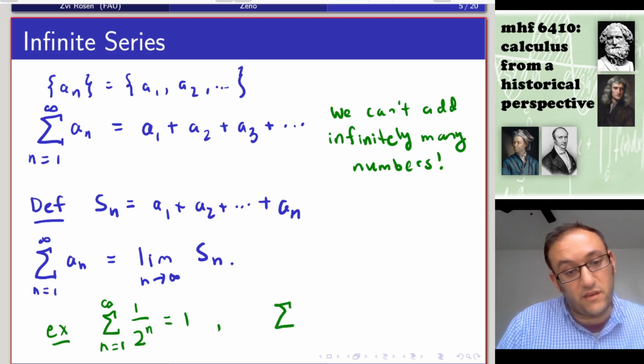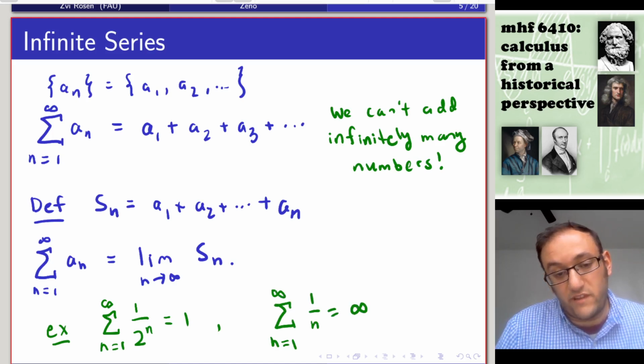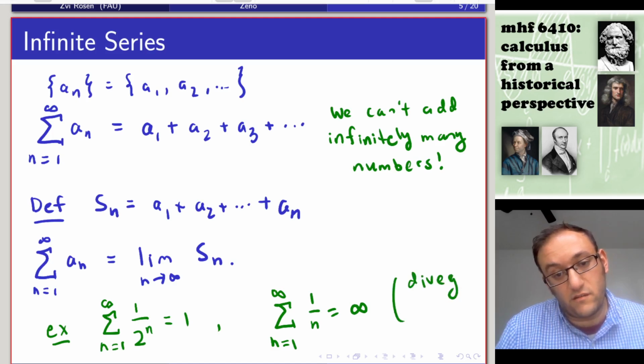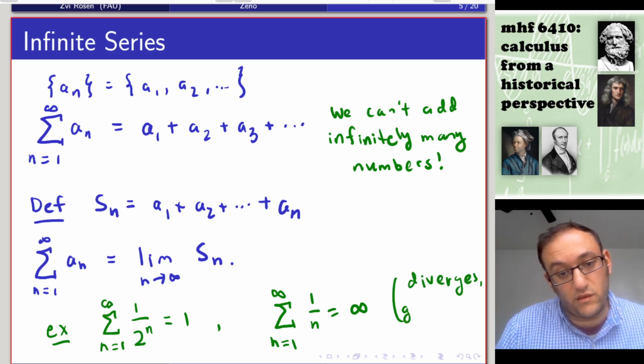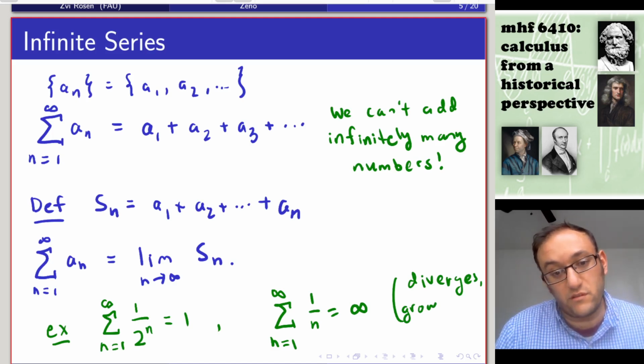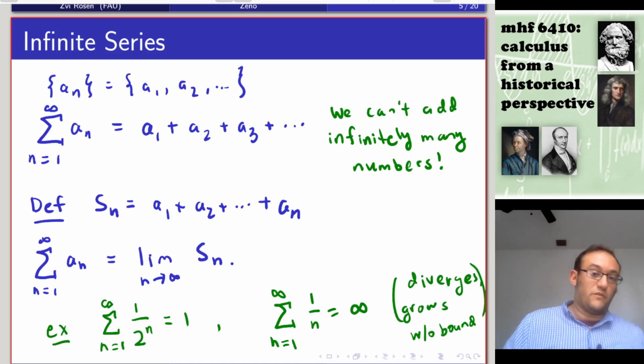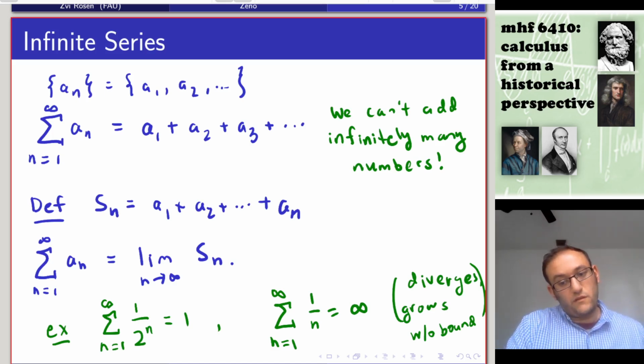And the sum of 1 over n, where n goes from 1 to infinity, is infinity, meaning it diverges. In other words, the partial sums will grow without bound.